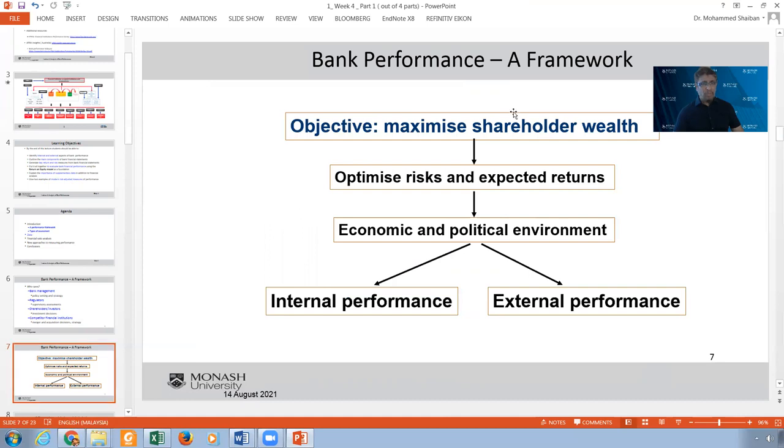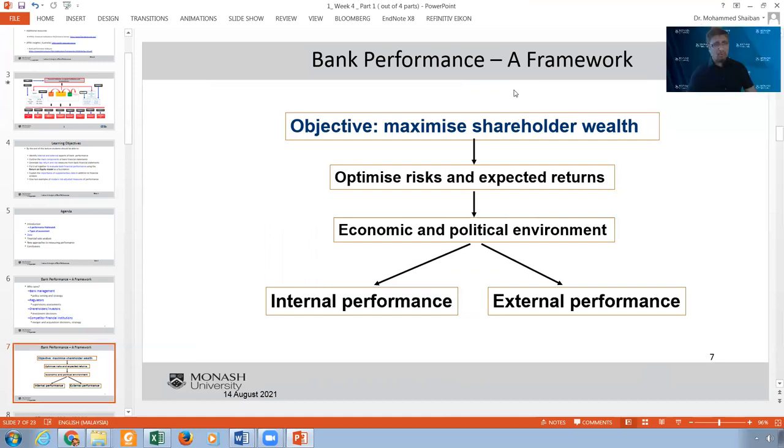Now, this is the framework, and when we come to the materials, this is the framework actually. And the main purpose of bank management is to maximize the shareholders' wealth, which is this box. Now, this one, we can increase only by more return, but also that return should take into consideration the risk.